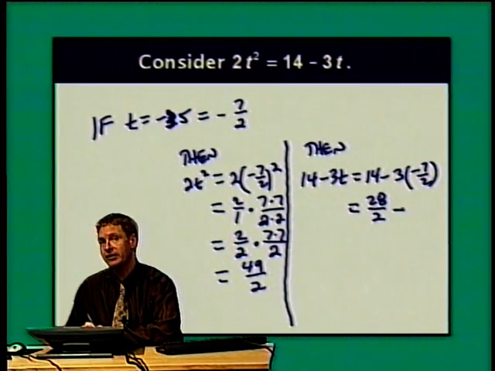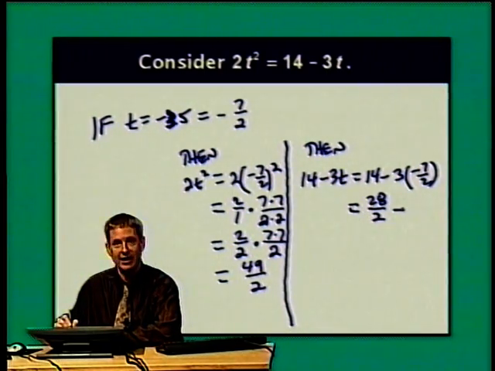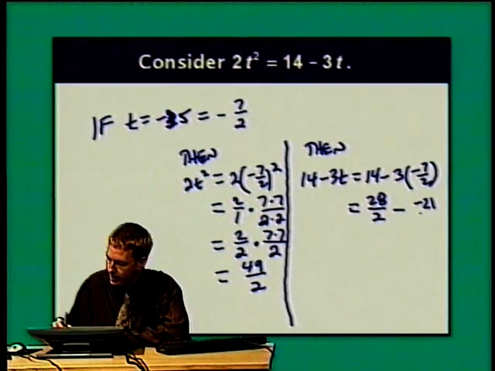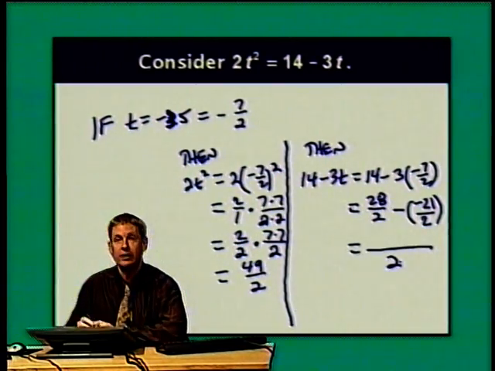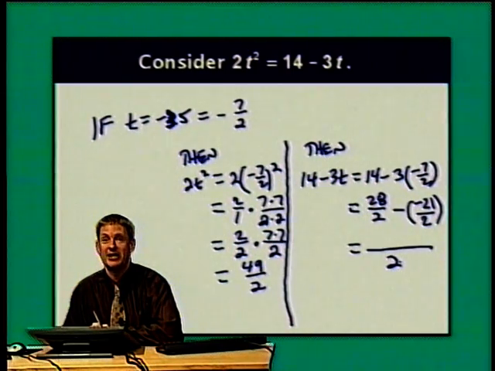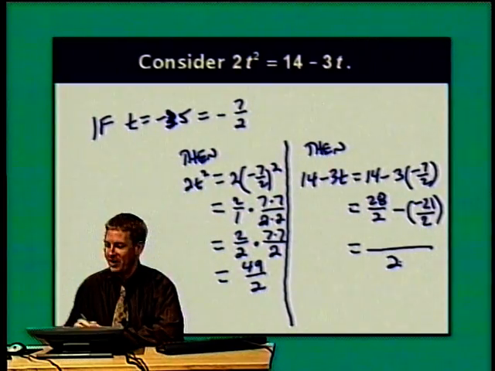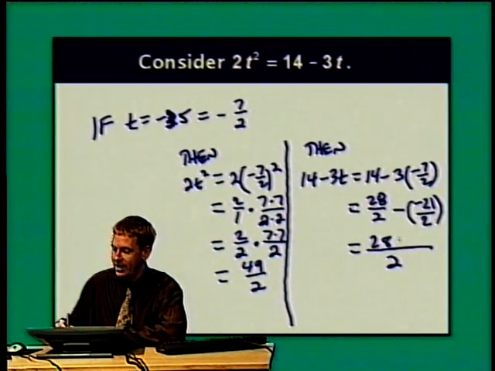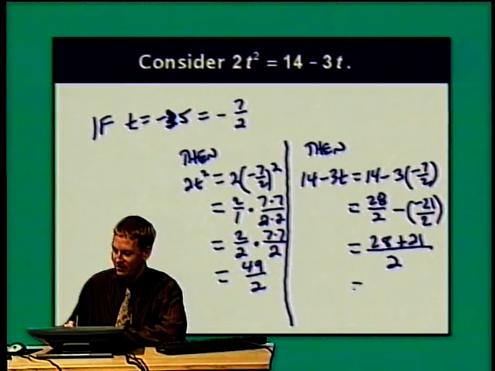When you multiply a fraction by a whole number, the numerator of the fraction needs to be multiplied by the whole number. So I'm going to get a fraction, and the numerator is going to be 3 times negative 7, which is negative 21, over our denominator of 2. I have a common denominator of 2, so I can perform the numerator arithmetic over this common denominator of 2. 28 minus negative 21 is the same as 28 plus positive 21. 28 and 21 is 49.